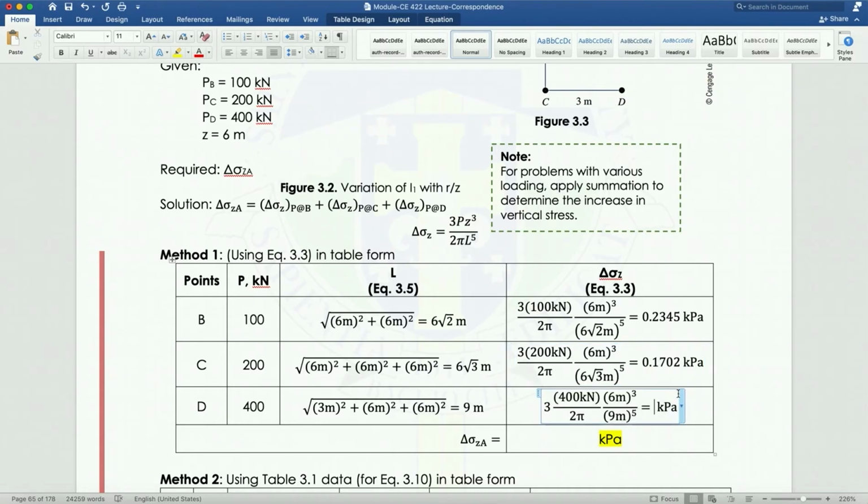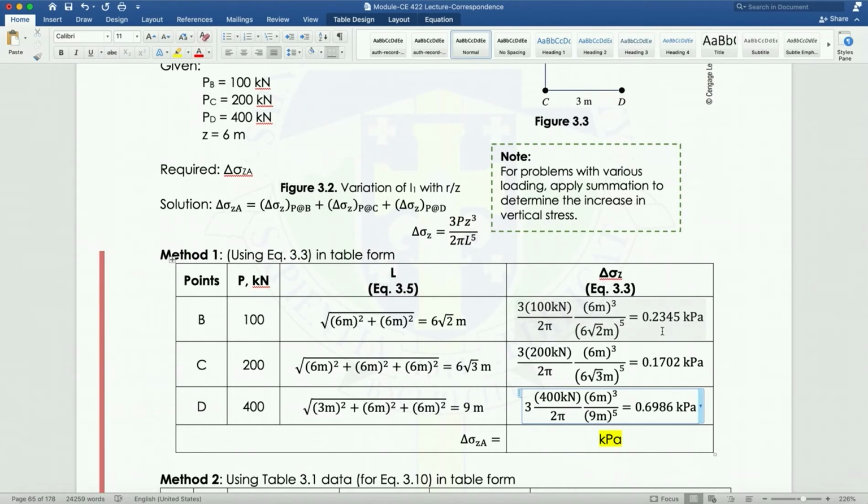And lastly, at point D, we have 400 times 9. We have 0.6986.